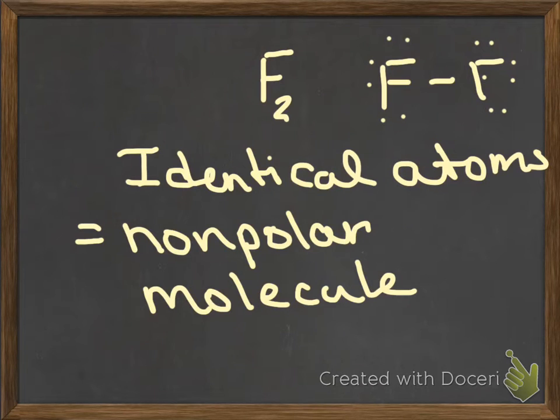For example, fluorine exists as a diatomic molecule, so 2 fluorine atoms bonded together. If we have F2, the atoms are identical. They're both fluorine atoms. So the electrons don't see anything different about the fluorine. So they're going to spend their time equally around both fluorines. So we call this a nonpolar molecule.